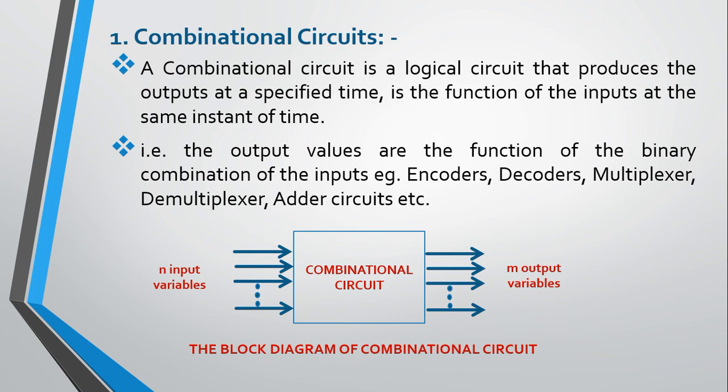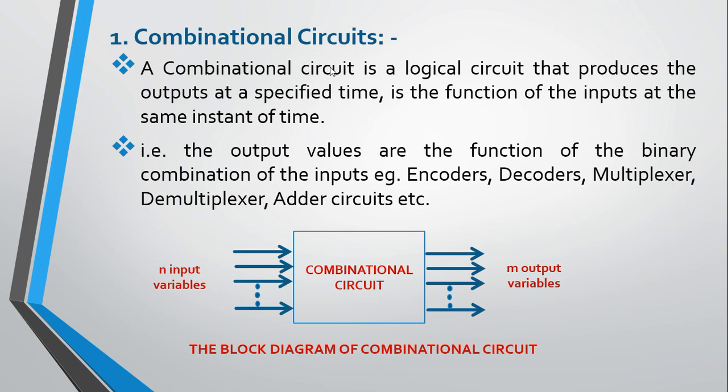But over here, in the block diagram of the combinational circuit, we have n input variables as well as m output variables. So it may be possible that you will get more than one output. In between there is a combinational circuit which you put between the input variables and output variables, and based on it will produce the output.